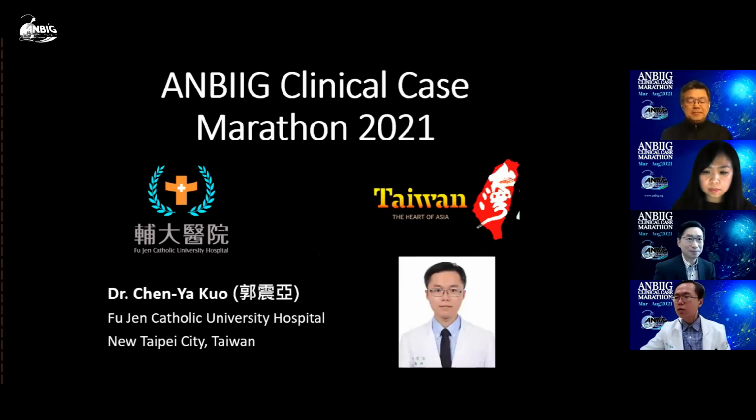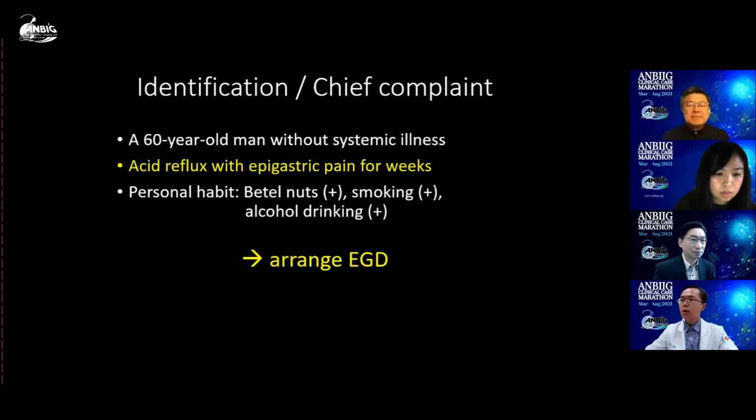Thanks for Professor Lee's introduction, and it's my pleasure to share a struggling case here. I'm Dr. Guo Zhenya from Fu Jen Catholic University Hospital in Taiwan. This is a 60-year-old man without prior systemic disease, who presented to my GI clinic with acid reflux and epigastric pain for weeks.